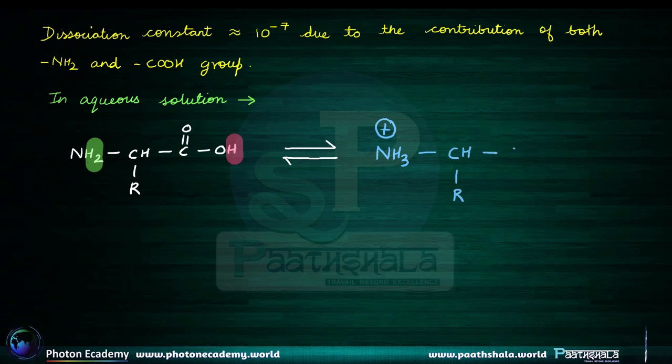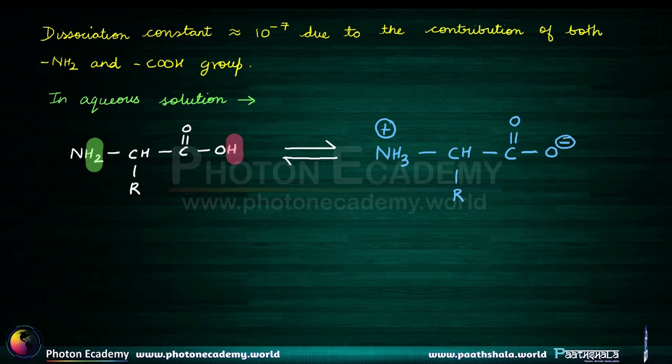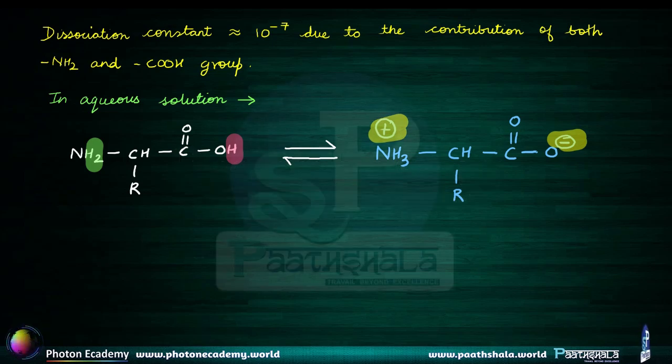So we have C double bond O, and since H positive is lost, we have got O negative. We can see that we have two charges over here, the positive charge and the negative charge respectively, and that is why we are calling this a dipolar ion. This particular dipolar ion has a name: it is called a Zwitter ion.